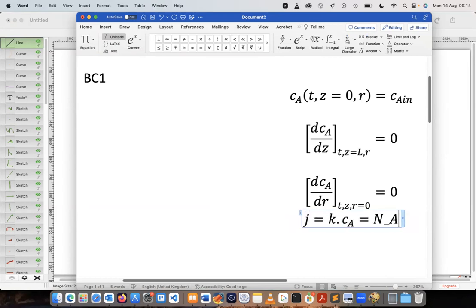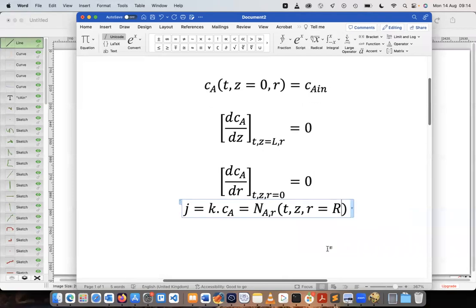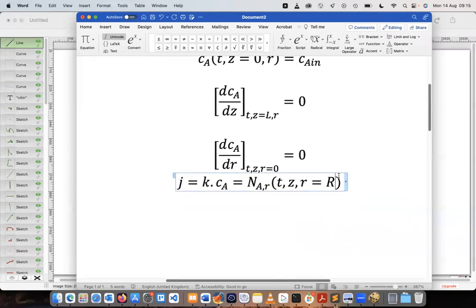So we can say NAr is the flux at that location. This applies to all instants in time and all axial positions, but it applies only at the radial position where r equals R. Not the center, but the inside surface of the pipe. So if we define the inside surface to be a capital R, then that's the location we're looking at. So the radial flux there is equal to kCA.